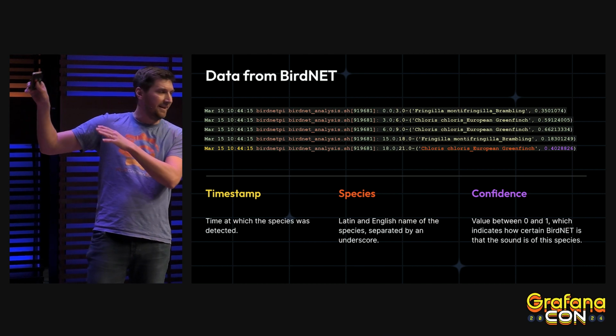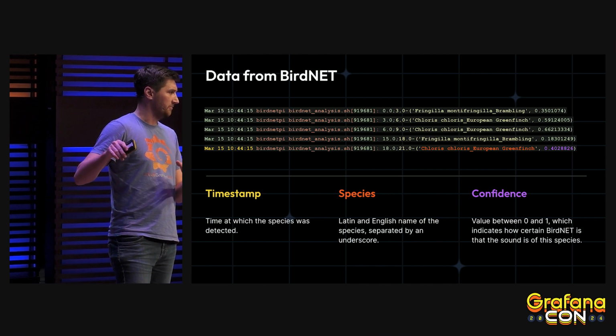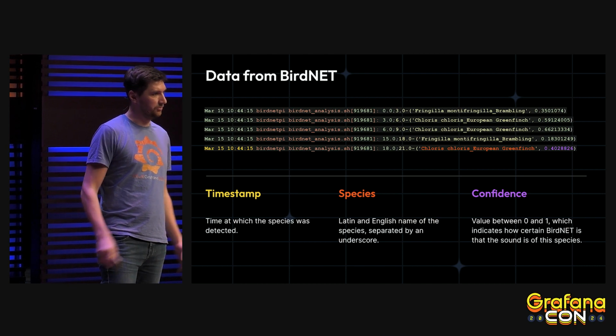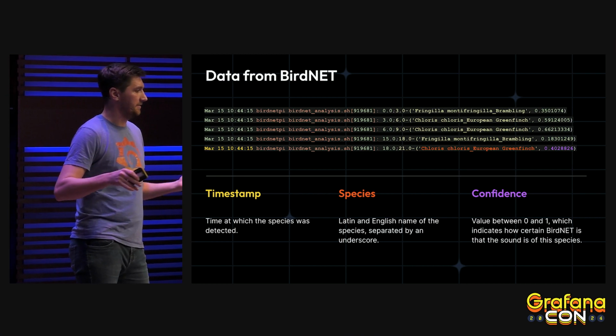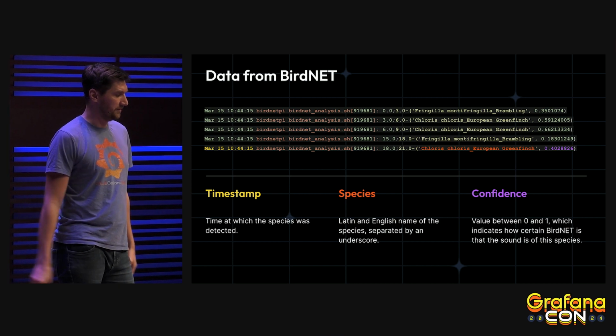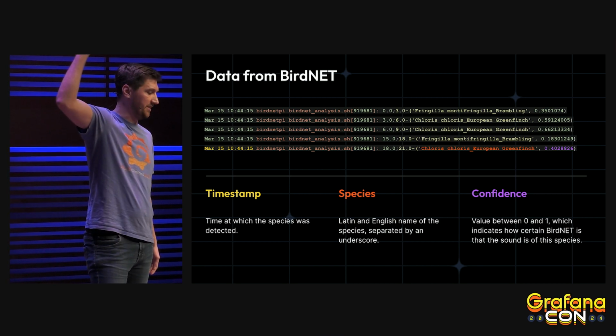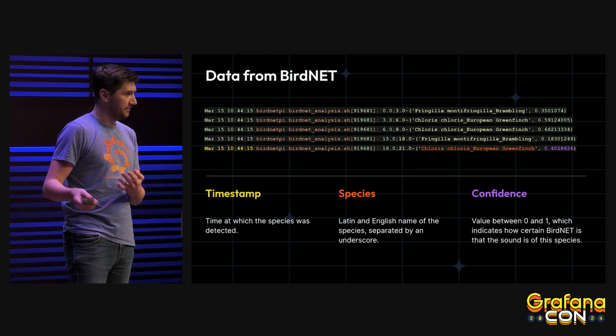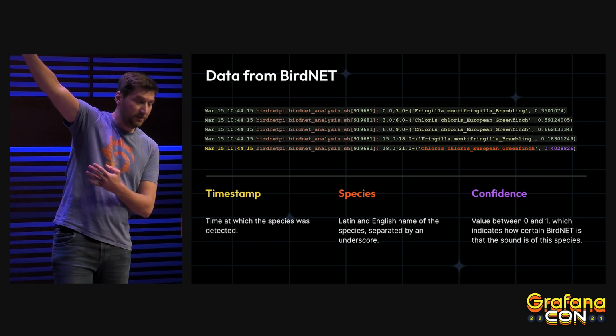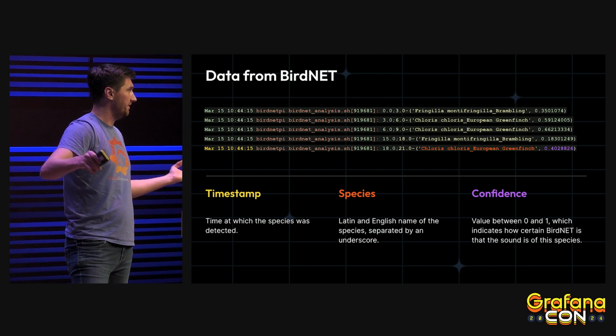Let's jump into the data we get really from BirdNET, and we can use to build our system around that. BirdNET makes this task very easy because it just logs the detections. At the top, we can see some sample log lines, and those contain really every data we need. On the far left, in yellow, we see the timestamp of a detection.